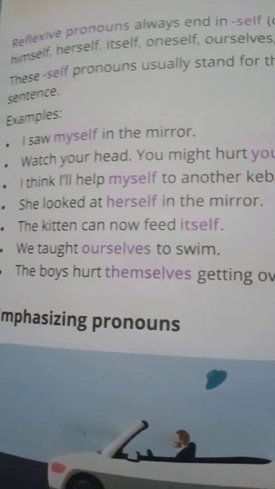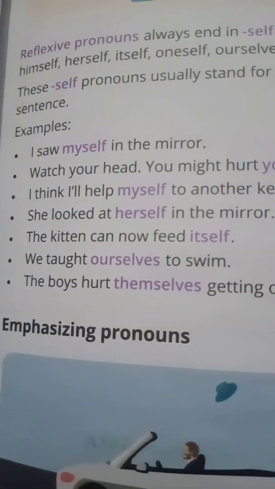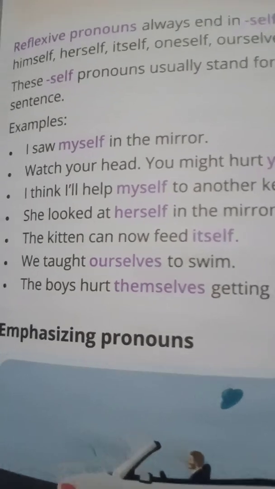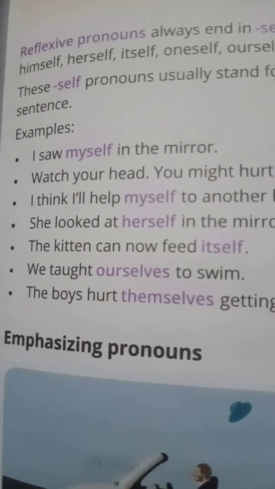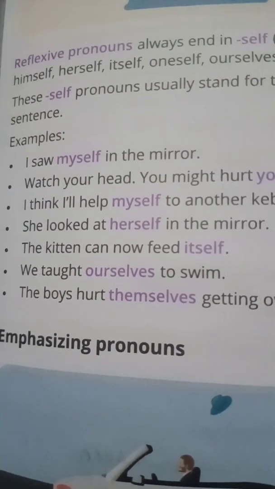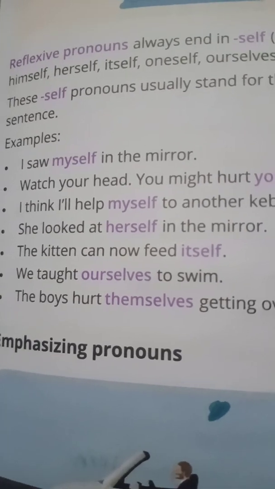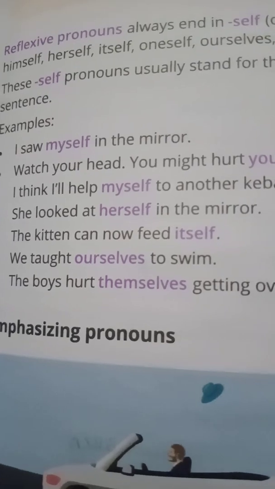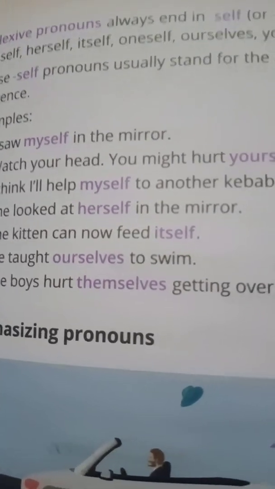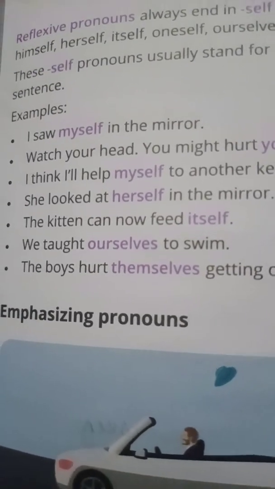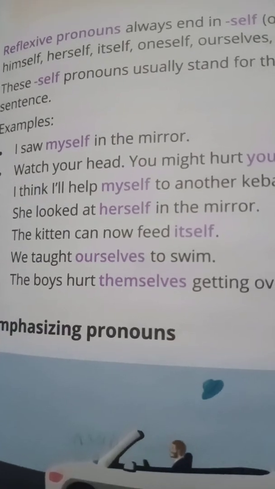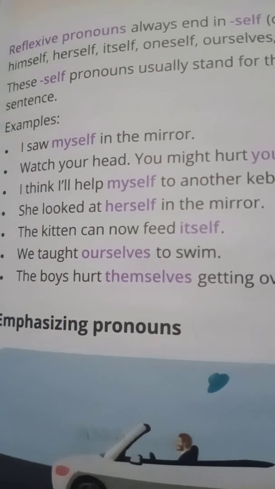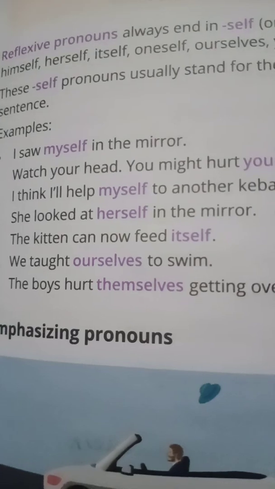For example, I saw myself in the mirror. Here the reflexive pronoun is myself, and it stands for the same person, that is I. One more example we'll just see for that. She looked at herself in the mirror. Here the reflexive pronoun herself stands for the same person, that is she.